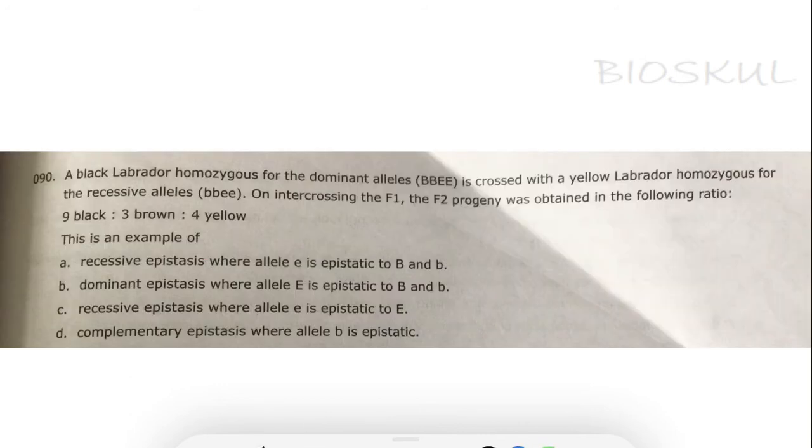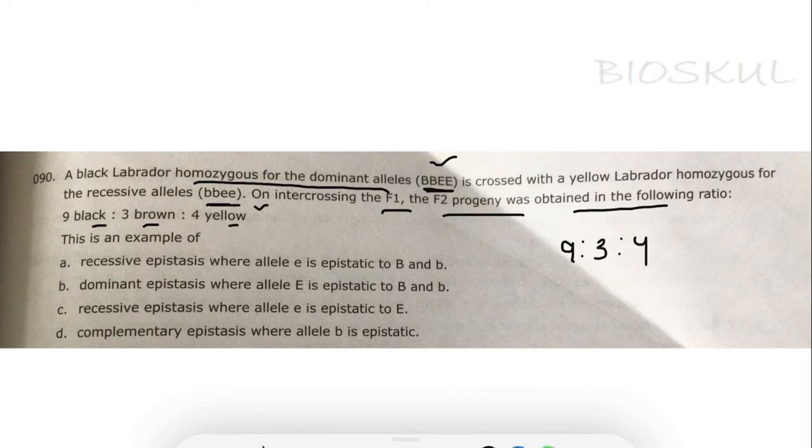Okay, a black Labrador homozygous for dominant allele is crossed with a yellow Labrador homozygous for recessive allele. On intercrossing the F1, the F2 progeny was obtained in the following ratio: 9 black, 3 brown, 4 yellow. So as we have discussed in my previous video, the ratio for recessive epistasis is 9:3:4.